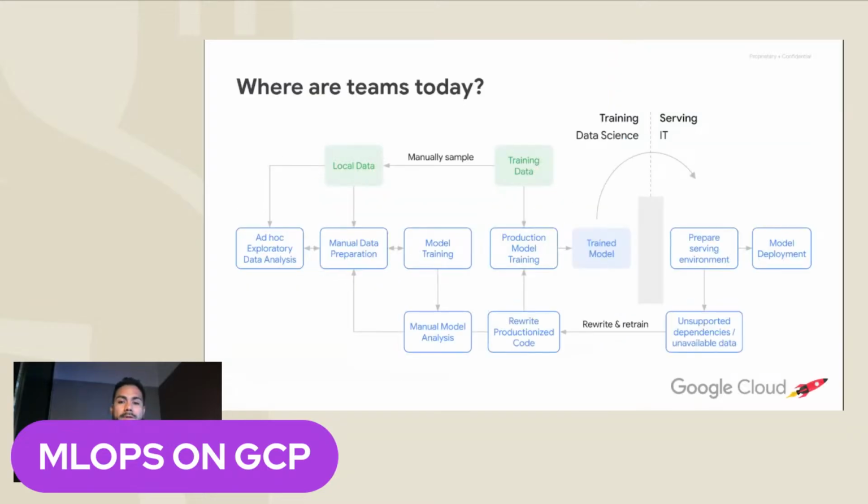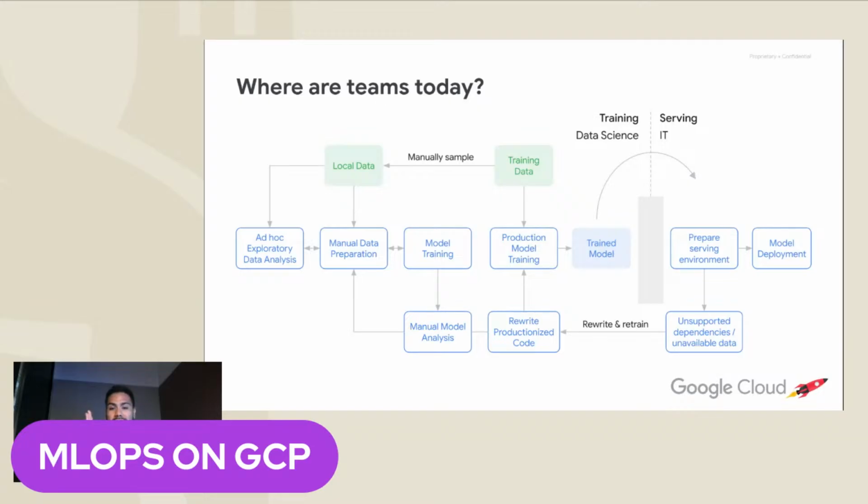So what are we seeing today, and what are some challenges that a lot of teams are seeing? You have two teams, usually the data science, and then you have IT. And you have this workflow where the data science teams get really close to the business stakeholders. They work on figuring out what data sets they need to train a model. They have, at the end of the day, a model. It's contained in some sort of model artifact or some model workflow. But guess what?